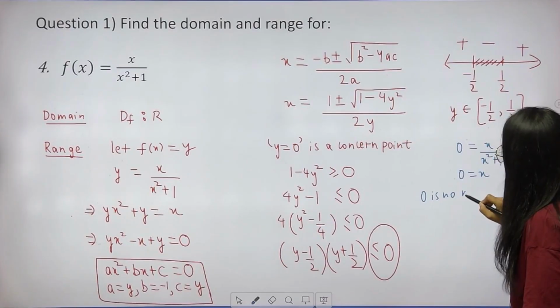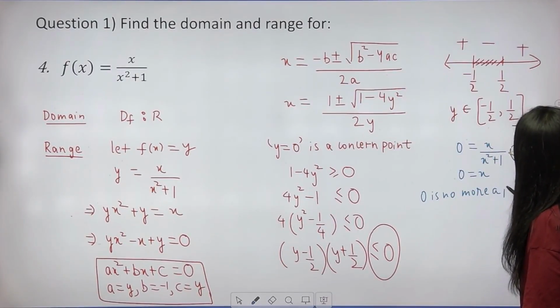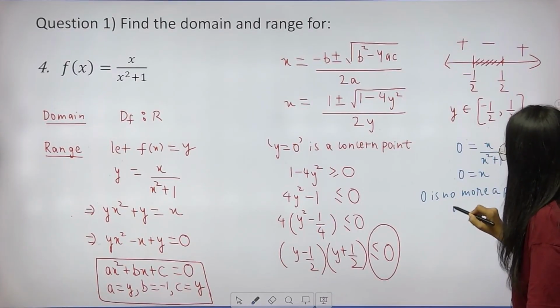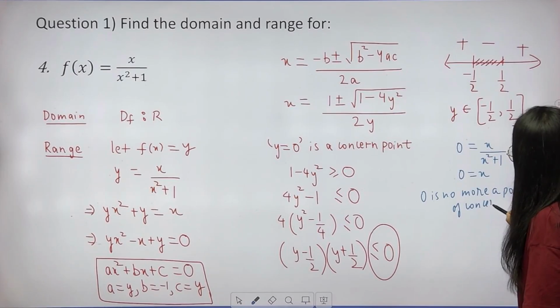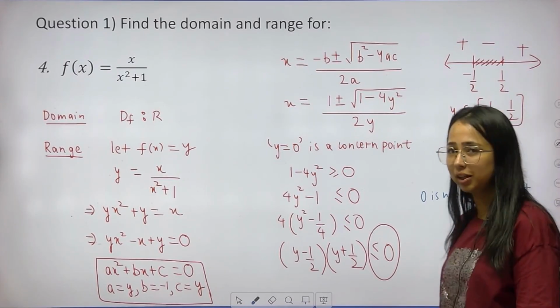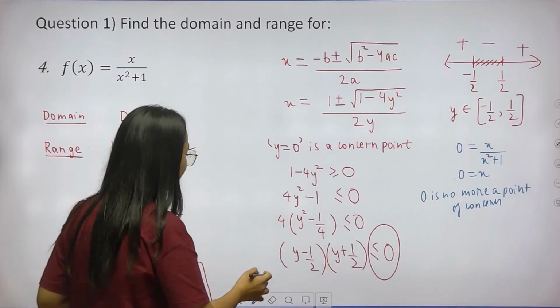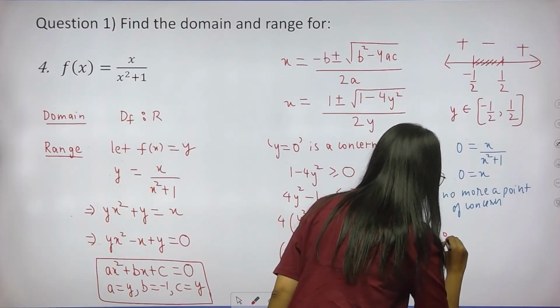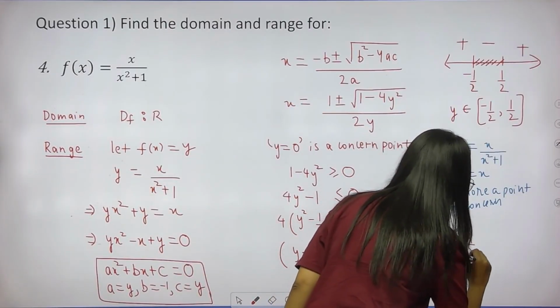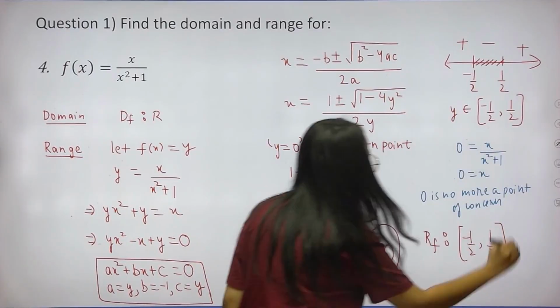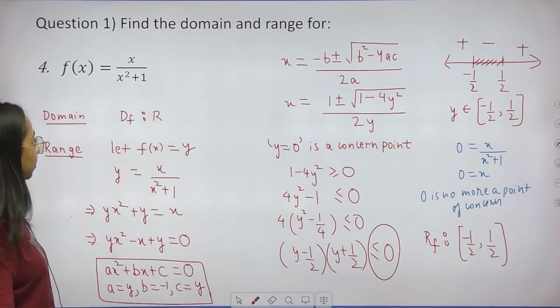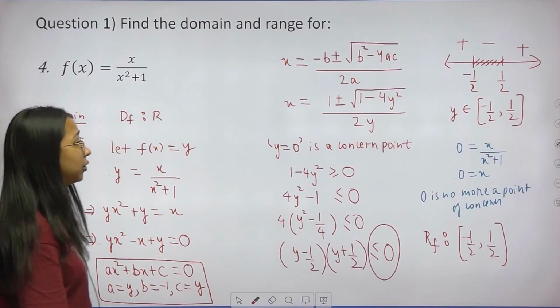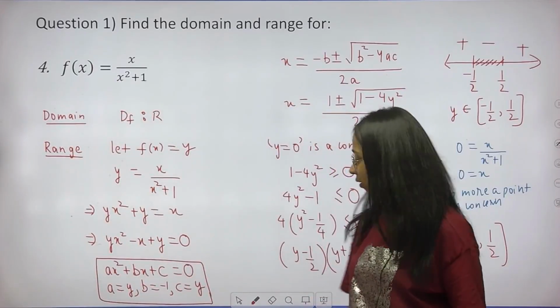So from this particular interval, there is no need to eliminate 0. So the range becomes minus half till half. I hope this concept is clear to each and everyone.